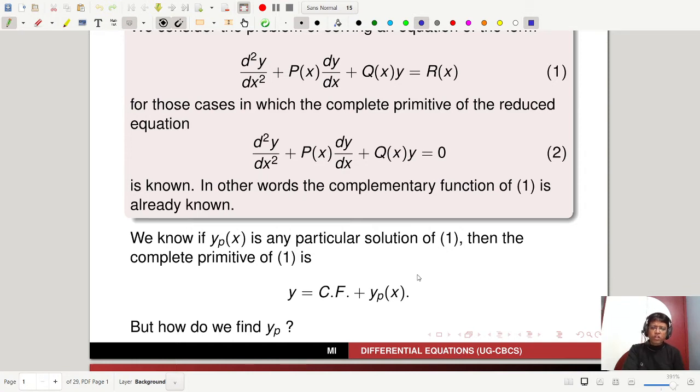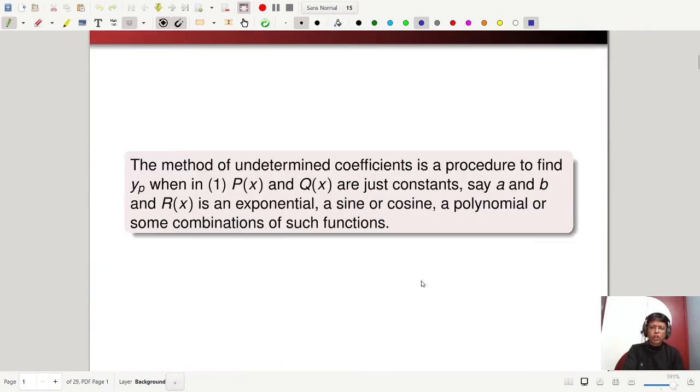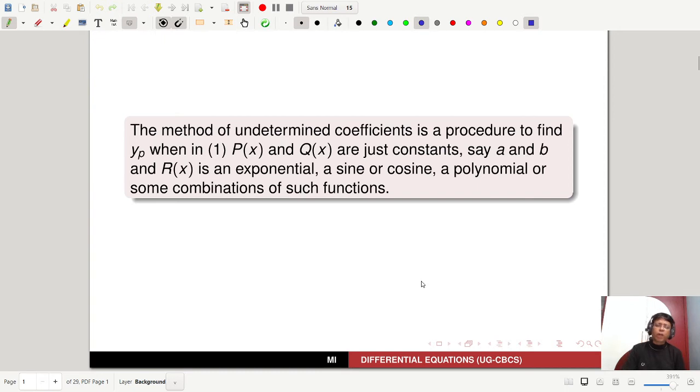But the question is, how do we find yp? So the method of undetermined coefficients is a procedure to find yp when in 1 p(x) and q(x) are just constants, say a and b, and r(x) is an exponential, a sine or cosine, a polynomial, or some combination of such functions.